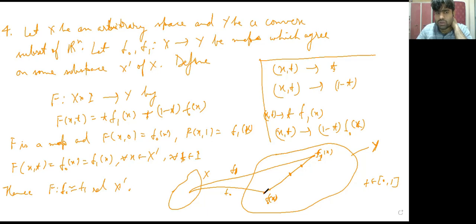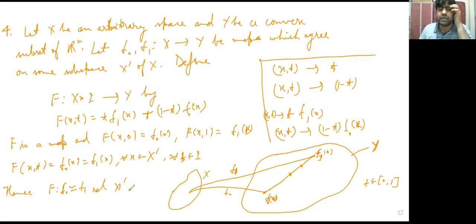But if y is not convex, then you will not be able to join f naught x and f1 x with a line segment which entirely lies in y, right? So what is a convex set? A convex subset of Rn is a set such that given any 2 points of that set, the line segment joining those 2 points entirely lies in that set, right?